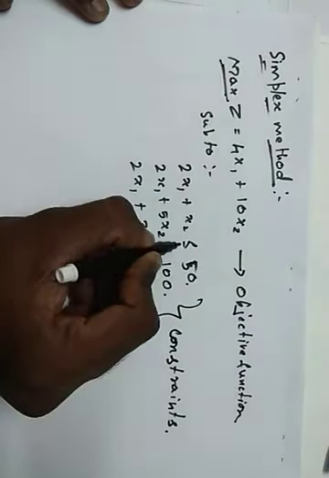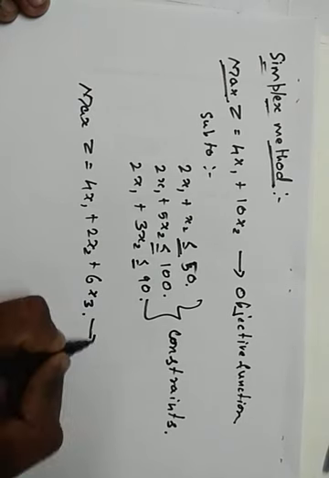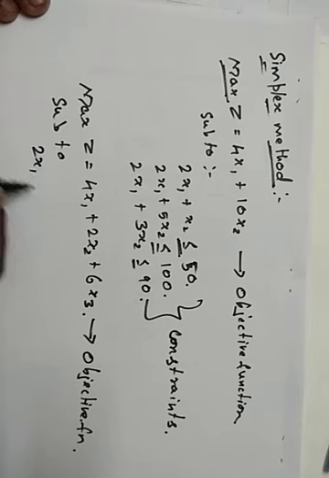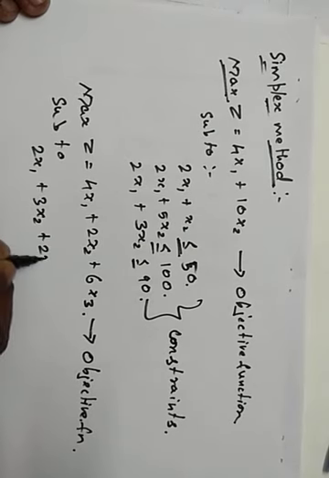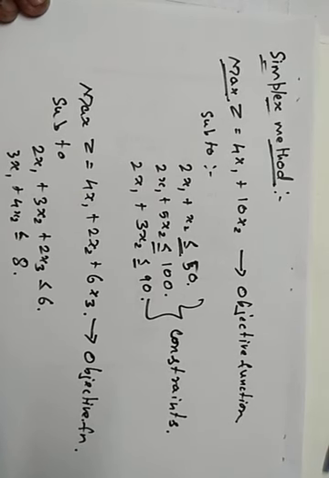Consider another example, like max Z equal to 4x1 plus 2x2 plus 6x3, and this is the objective function, and subject to will be 2x1 plus 3x2 plus 2x3 less than or equal to 6, 3x1 and 4x2 lesser than or equal to 8, and 6x1 minus 4x2 plus x3 greater than or equal to 10.